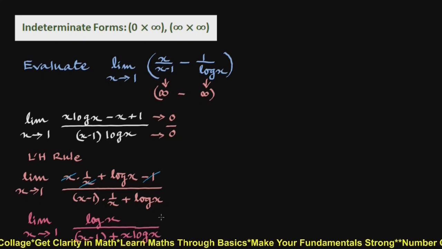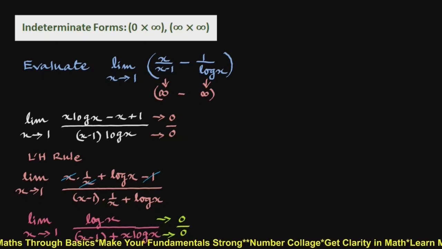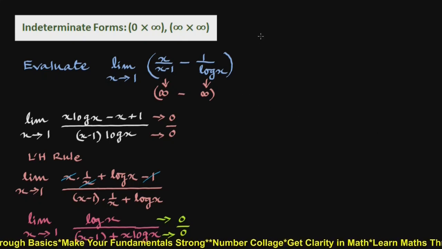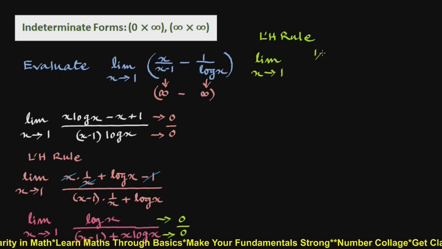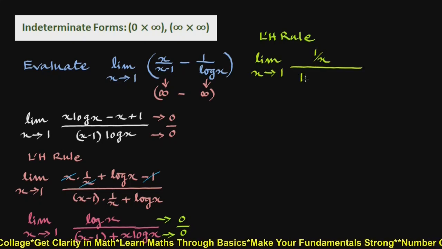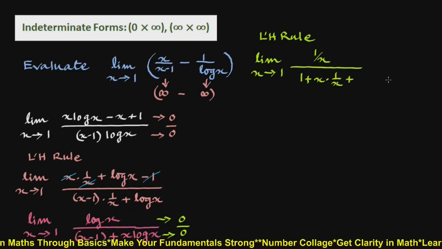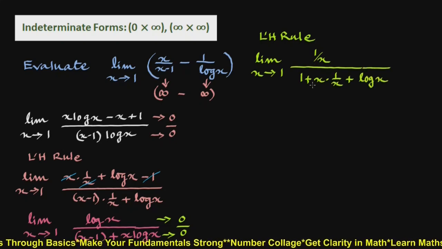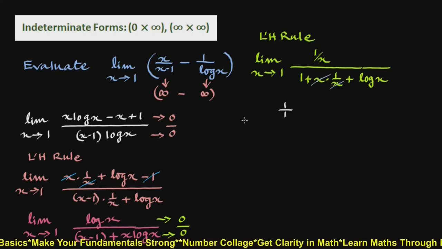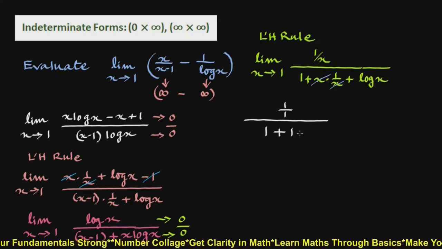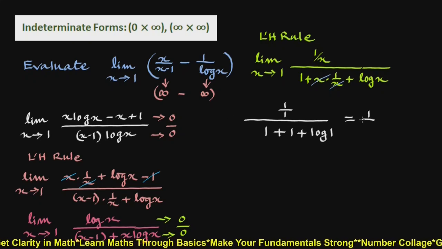This again is a 0 upon 0 indeterminate form. So we again apply L'Hopital's rule to get the limit as x tends to 1 of 1 upon x upon 1 plus x into 1 upon x plus log x. After cancelling this x, we get the limit as 1 upon 1 plus 1 plus log 1, which is 1 upon 2.